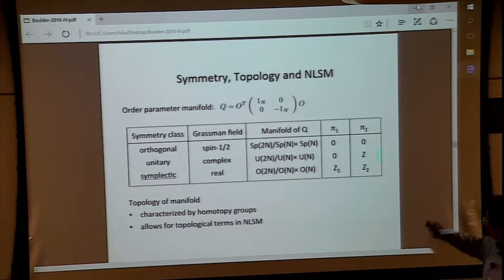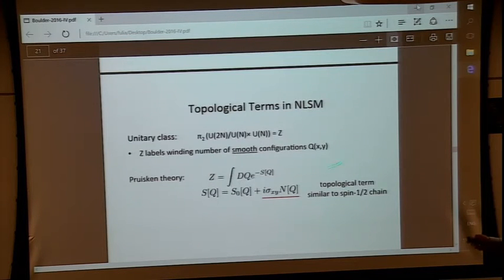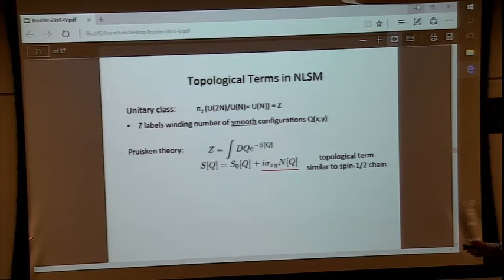First, let me mention that if you look at this term, because this second homotopy class is Z2, it immediately says I cannot write down a term like this with arbitrary coefficient, because you have to satisfy addition rules.